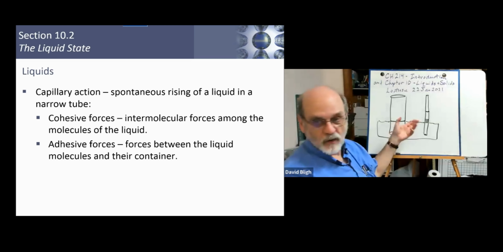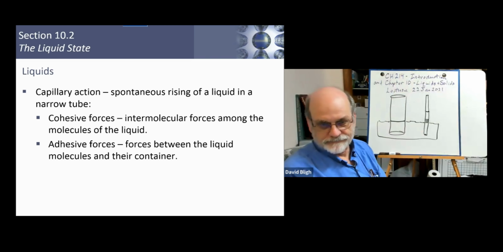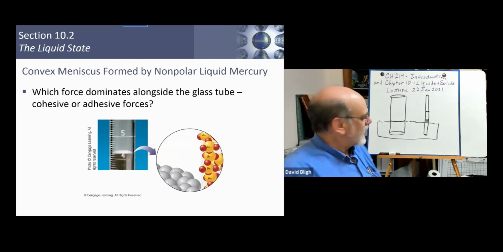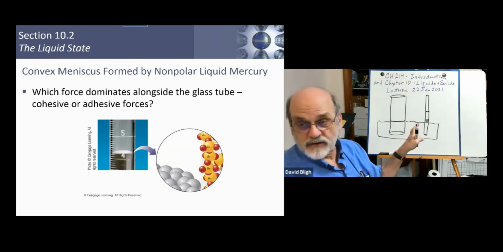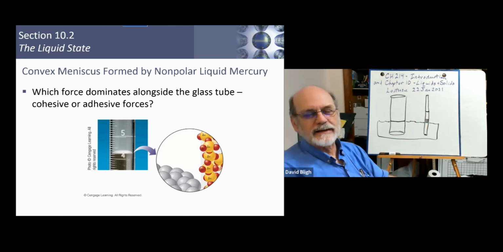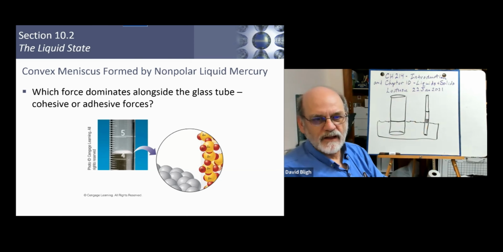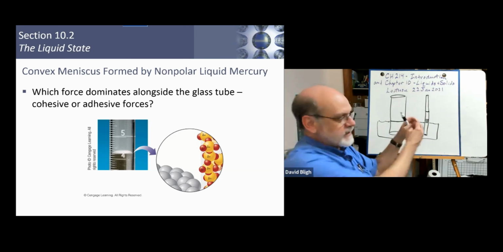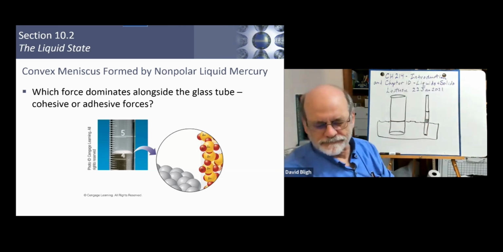Okay, so the narrower the tube, the higher it rises. Now, that's for cases where the adhesive forces exceed the cohesive forces. Otherwise, it wouldn't be able to draw it up like that.